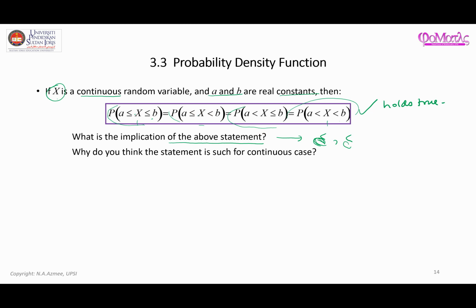In other words, the equal sign is not so important. Or you can think that the probability of the random variable being equal to a specific value, for example a or b, is going to be equal to 0.